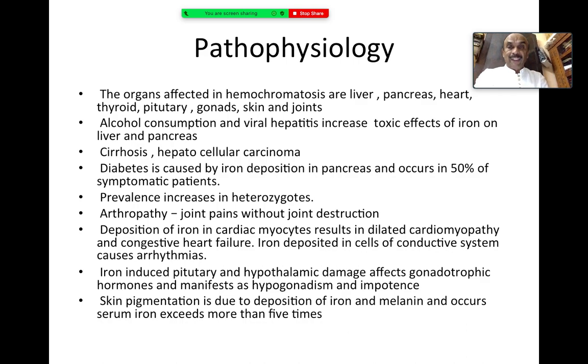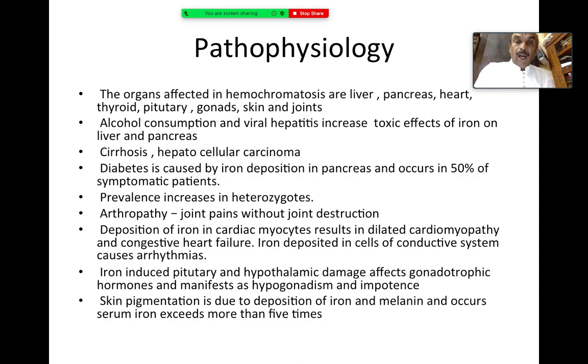Coming to the pathophysiology. The organs affected in hemochromatosis, as I told you, are liver, pancreas, heart, thyroid, pituitary gland, gonads, skin and joints. The toxicity of the iron is going to be enhanced with regard to its effect on the liver and pancreas if there is history of alcohol consumption and history of viral hepatitis.